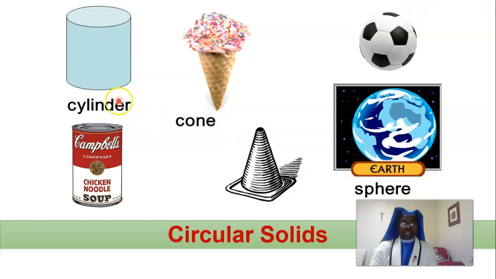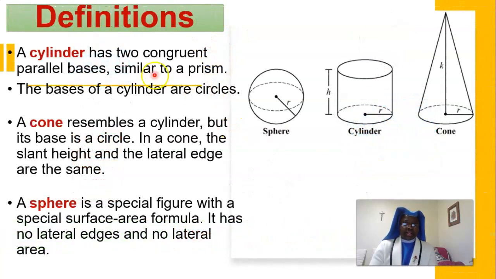Now, other solids are the ones that are not polyhedrons. They are circular. They have a circle as part of their shape, like a cylinder, like a soup can, like a cone, like a sphere, a football. A cylinder has two congruent parallel bases, just like prisms, top and bottom, only those two bases have to be circles.